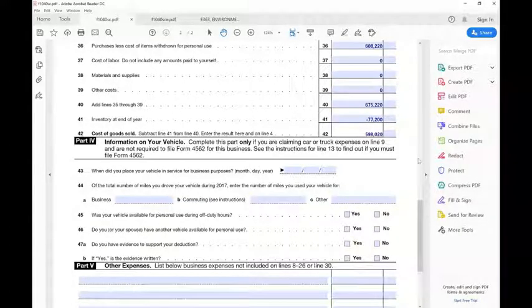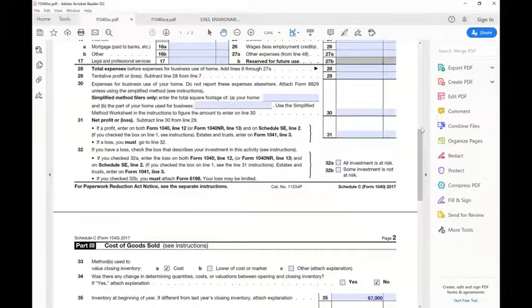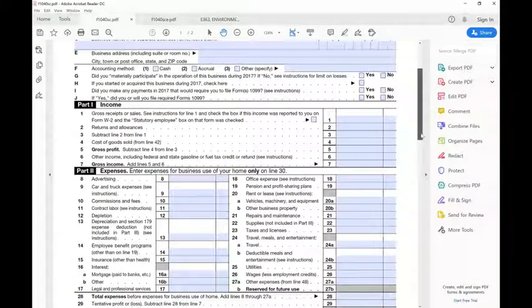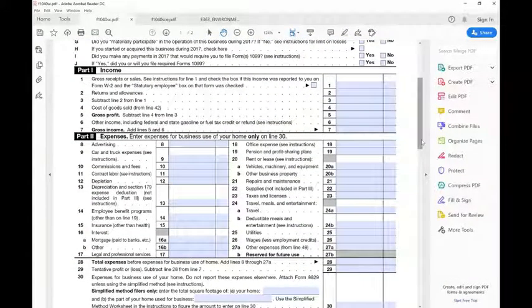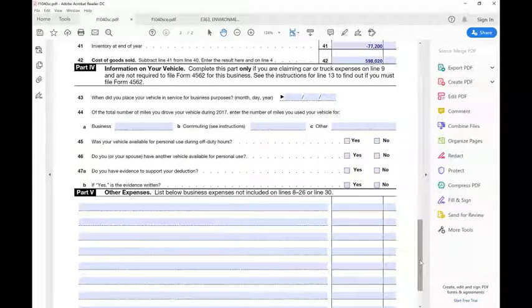This is the part where the taxpayer needs to give information about the use of the vehicle. And once the taxpayer has the information about the vehicle, this needs to be included in Part II, which is about car and truck expenses. This is the one line, and this is the detail about the use of the vehicle or the car.